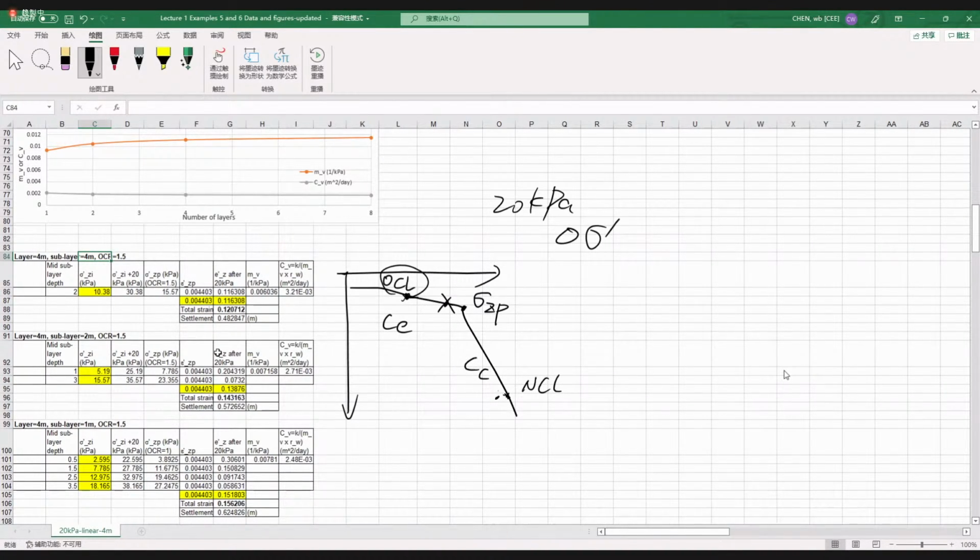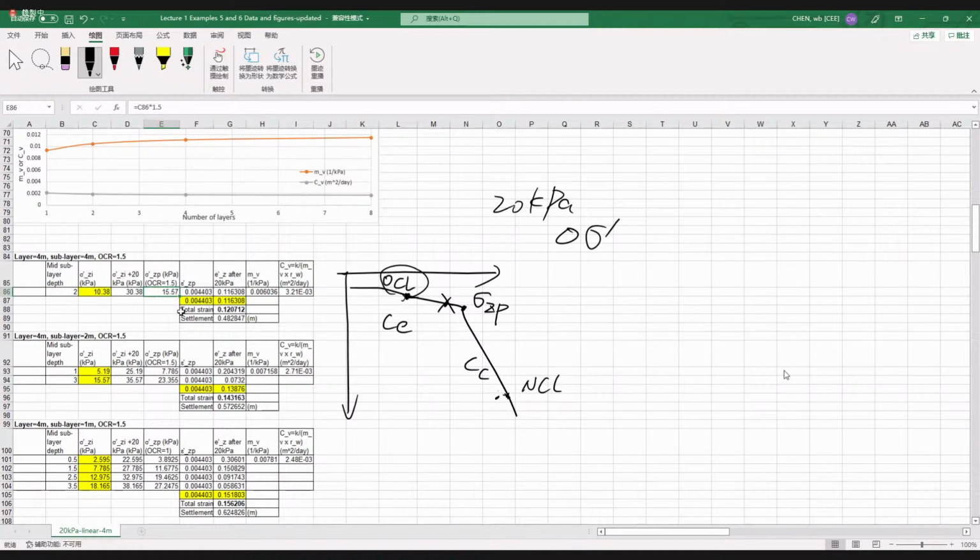So let's see. The initial vertical stress is 10.38 again. After 20 kPa is applied, the total final stress is 30.38, right? And because the OCR value is 1.5, the effective pre-consolidation stress is equal to this value multiplied by 1.5.